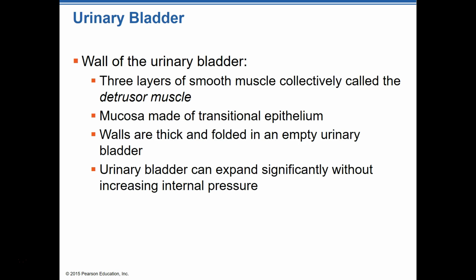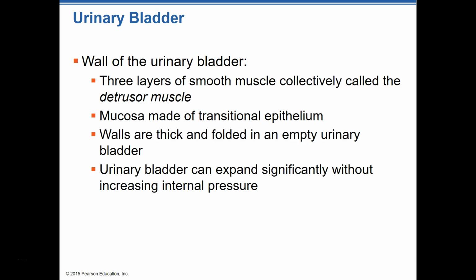All right, so 3 layers of smooth muscle make up the outer wall of the bladder, and then it's got this transitional epithelium. Basically, this bladder can expand so significantly without increasing the pressure that it creates on the inside.